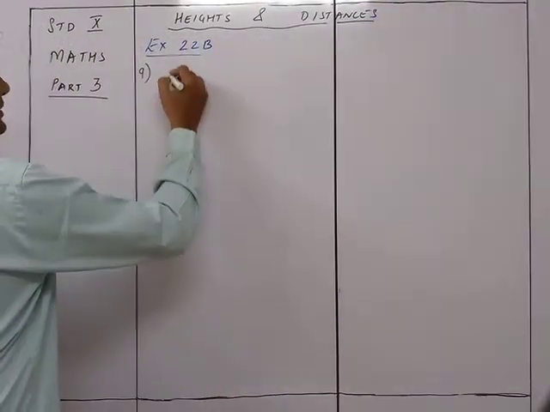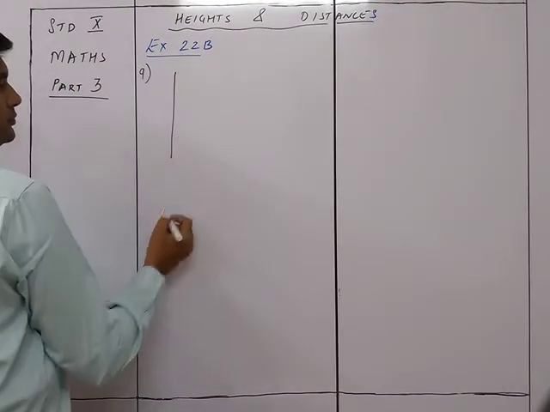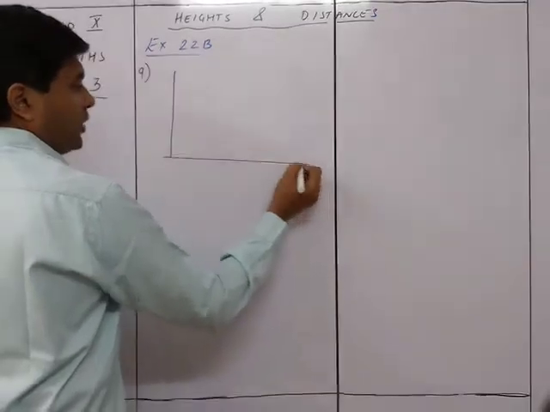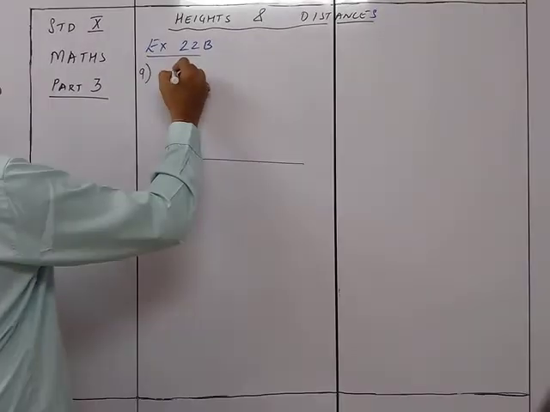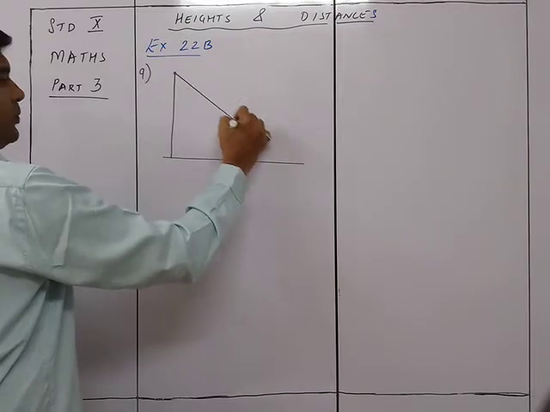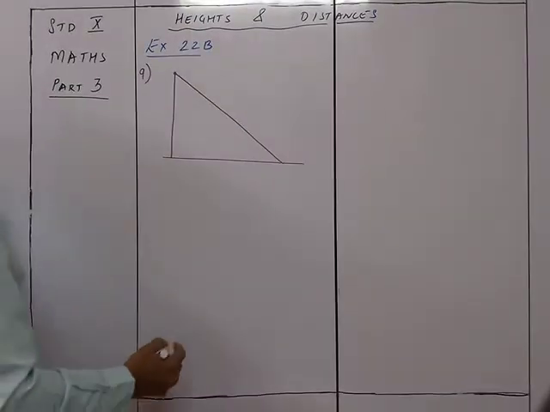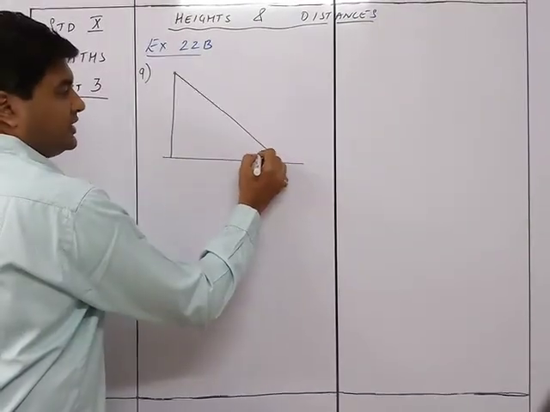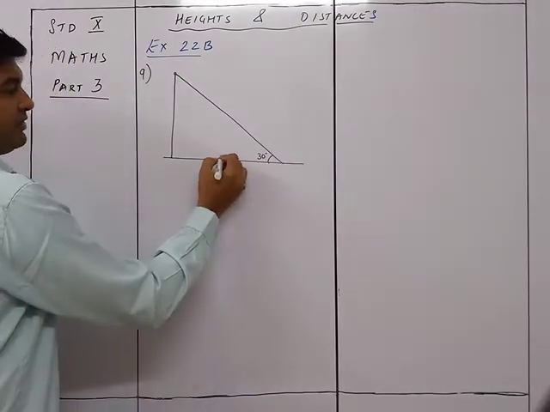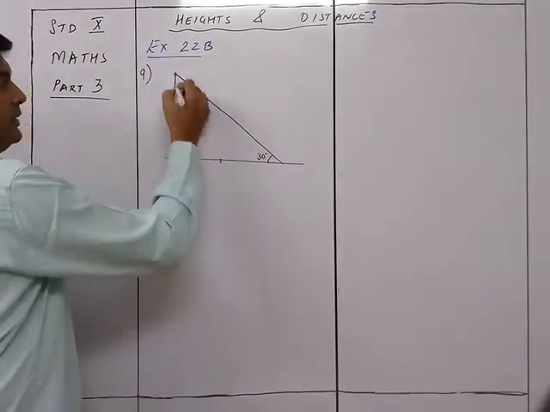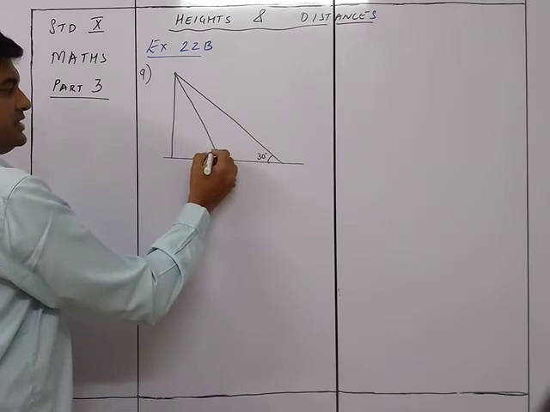So this is the cliff. This is the water surface. Initially this person sees the boat here. At this point the angle is 30 degrees. After 3 minutes he reaches this point. Now the angle over here is 60 degrees.